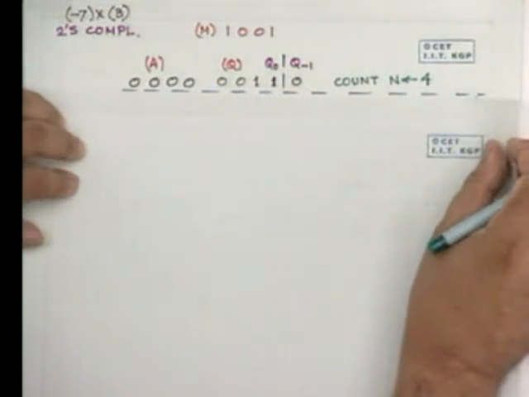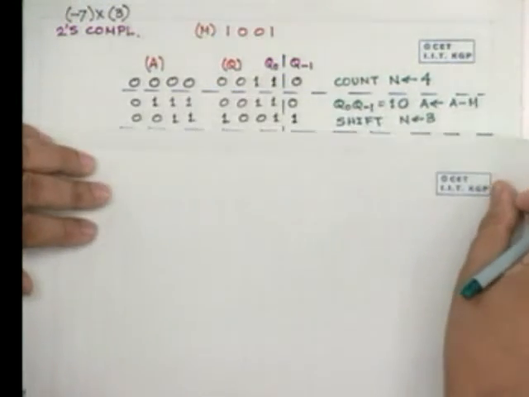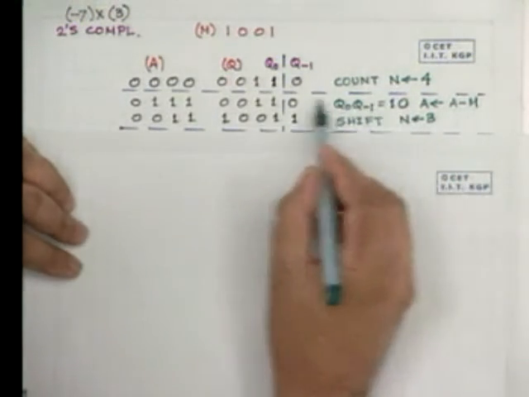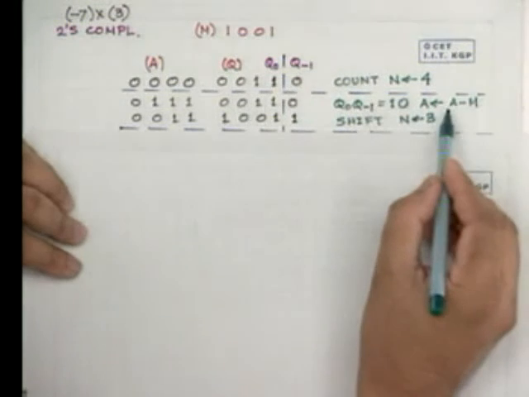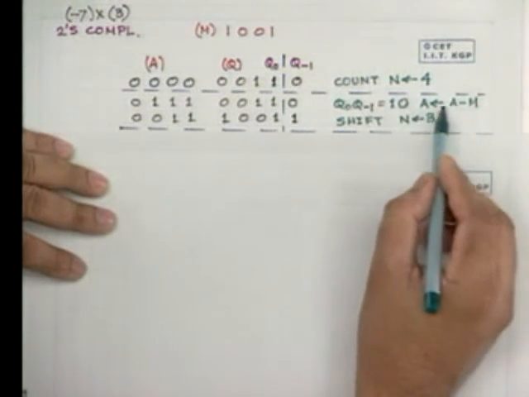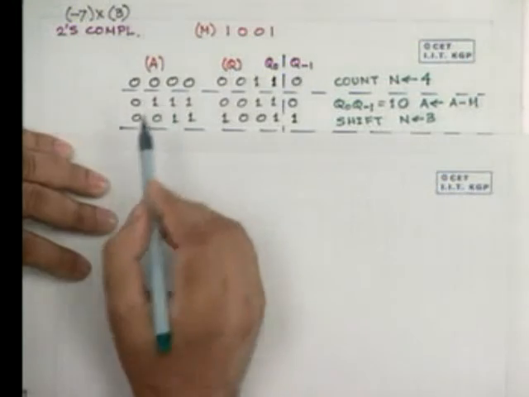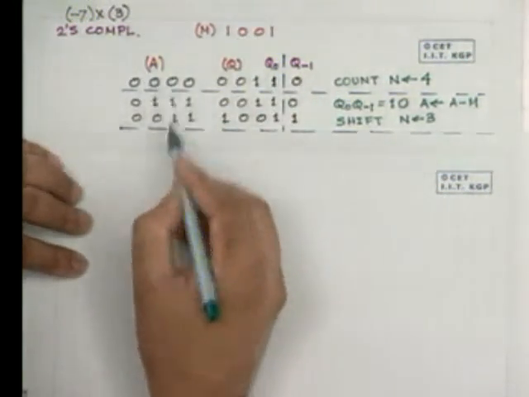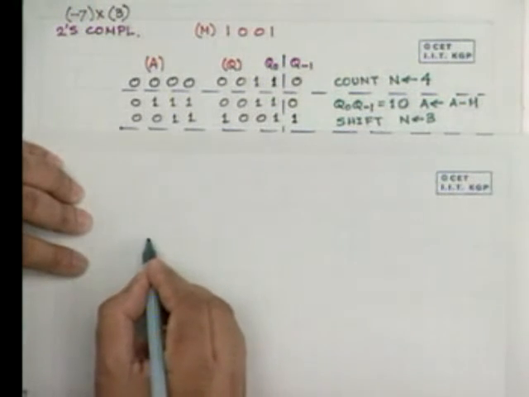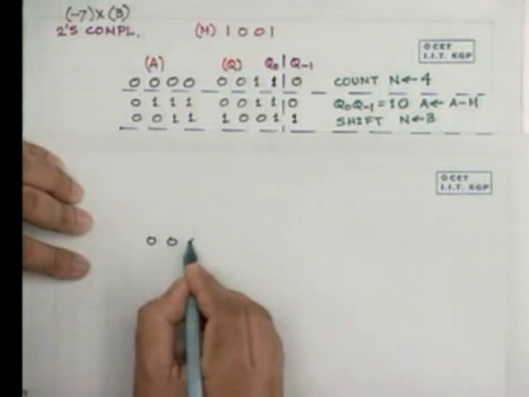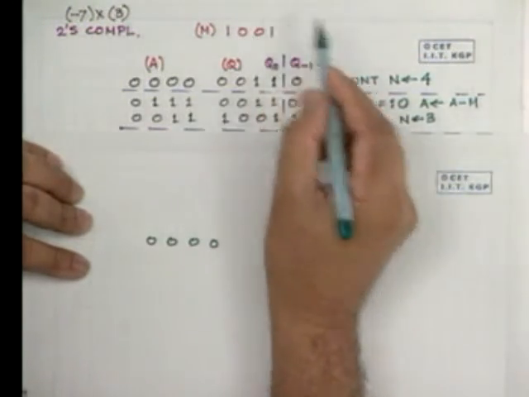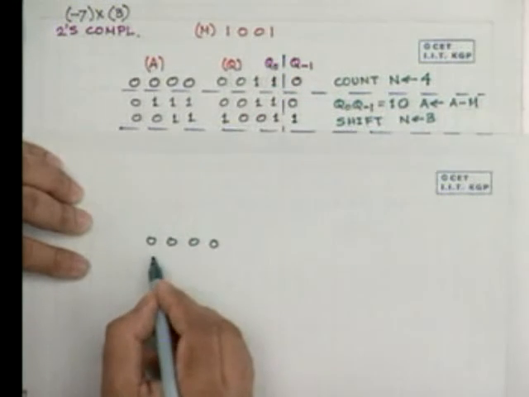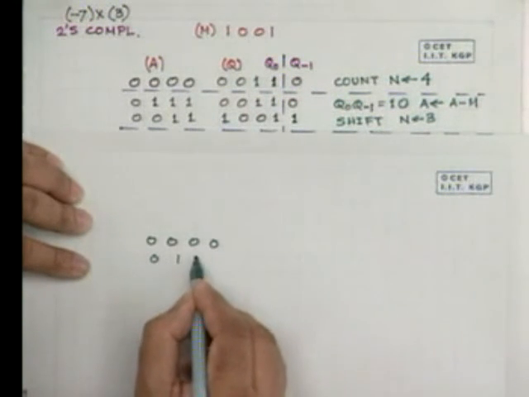Now we test the Q0 and Q minus 1 bits. Since this is 1 0, we perform A minus M going to A. We take 0 0 0 0, and minus M will be the 2's complement of 1001, that means 0 1 1 1.